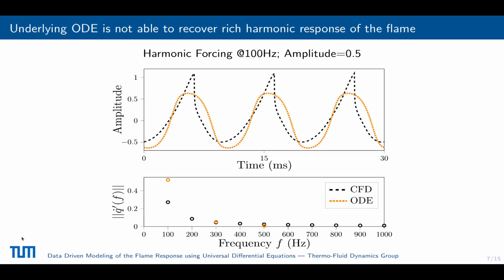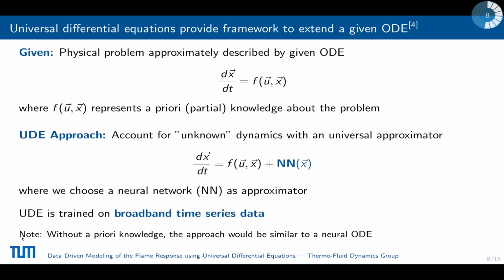So what can we do now? In such a case where we already know some part of the physics, or we can approximately describe our problem with some given ODE, such as here in the first equation, universal differential equations, or in short UDE, provide a very nice framework to extend a given ODE. So the UDE approach is we want to account for unknown dynamics with a universal approximator.